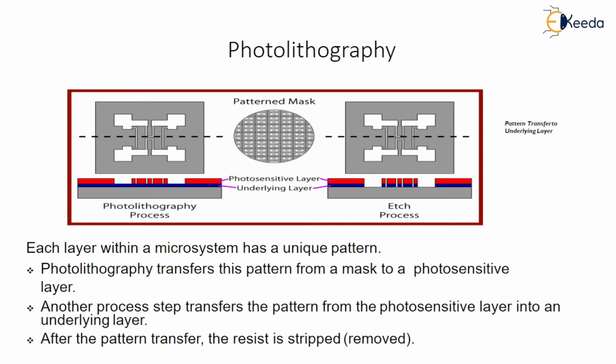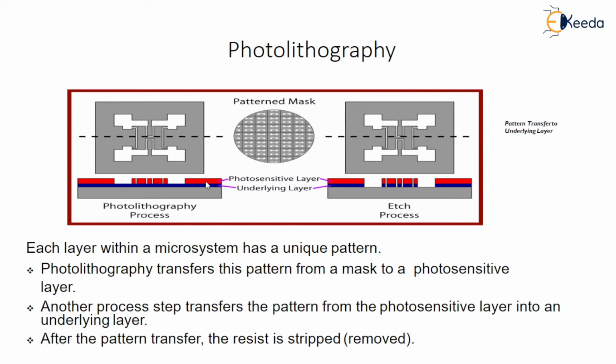In the photolithography process, if you observe, there is a pattern mask, a mask system, that means the actual pattern made by photo scanning on a particular object. After that mask there is a wafer, or a plate, and that plate has an underlying layer shown in blue and a photosensitive layer above that layer.